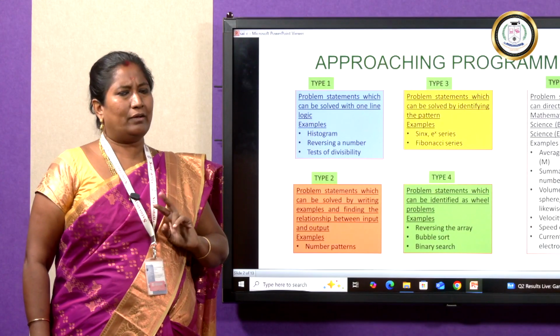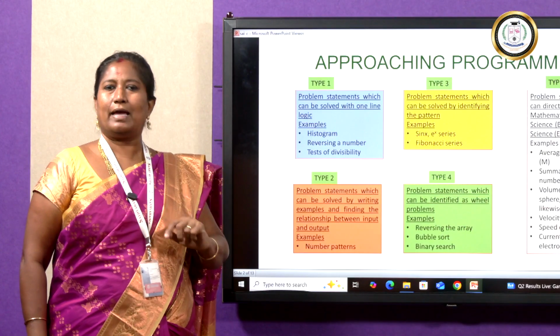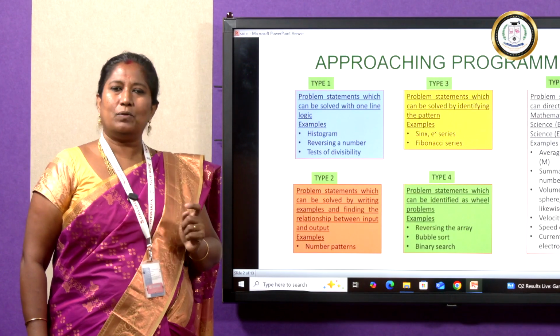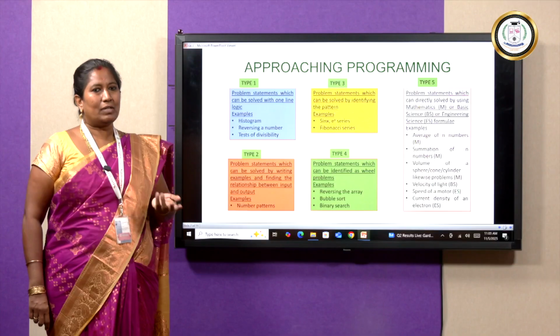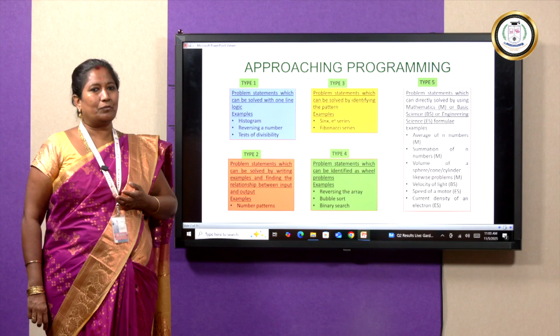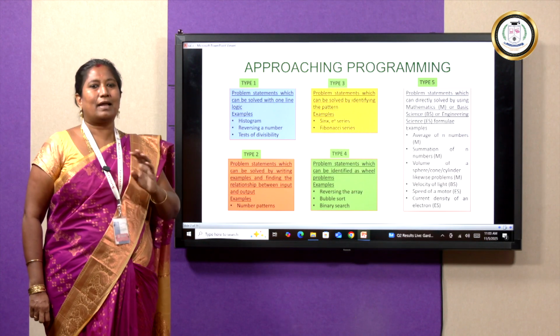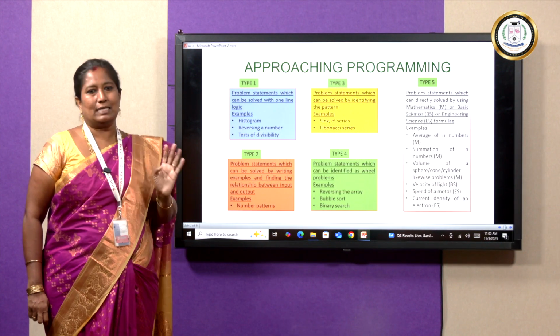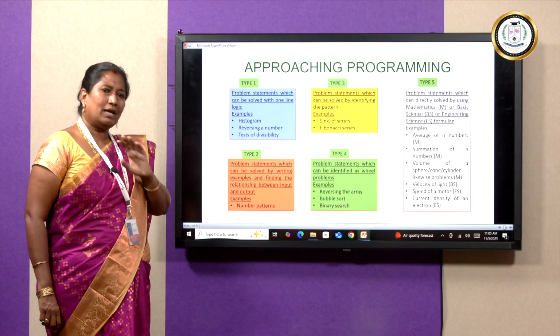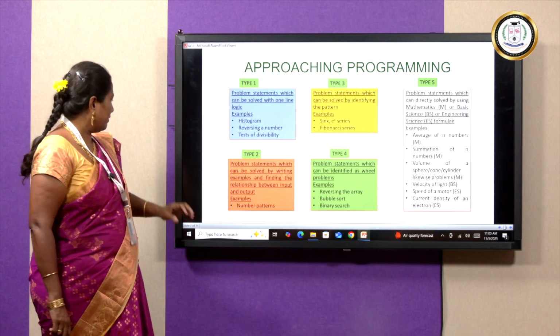Total is what? Again, total is an English word. That English word again we should write as an expression. So total means what? Two numbers. So two numbers, can I have it as A and B? So therefore your formula becomes total is equal to (A plus B) divided by 2. Once you crack this formula, writing a C program is very, very easy. You got it? So that is what I have done in this slide and I have given you the various types of programs in which you can write C program.